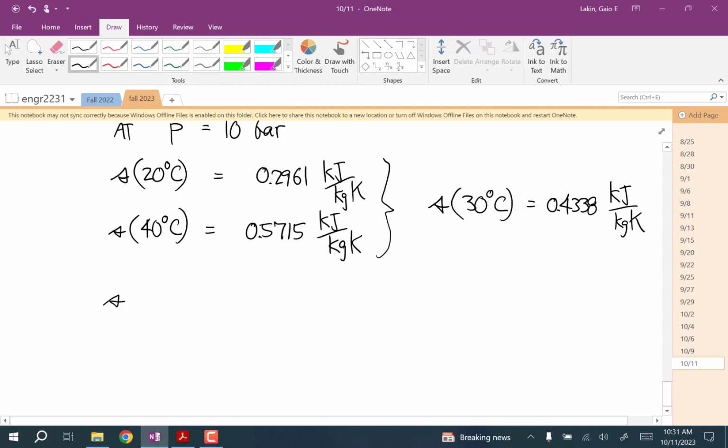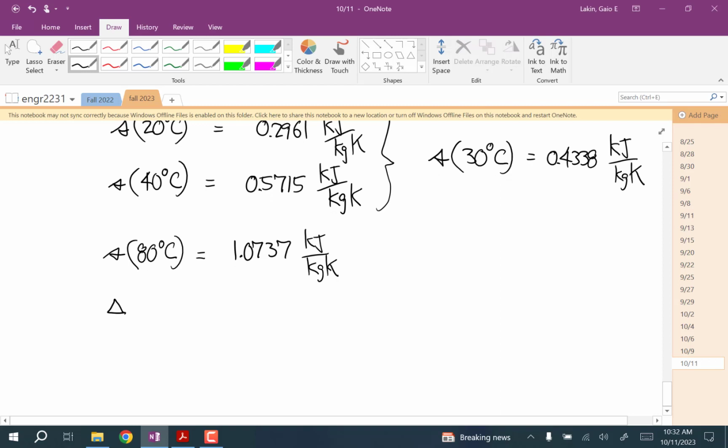You can directly look up the specific entropy at 80 degrees Celsius. And that's 1.0737 kilojoules per kilogram Kelvin.